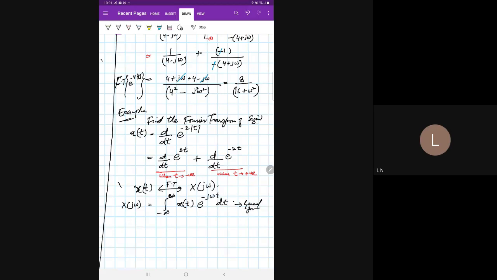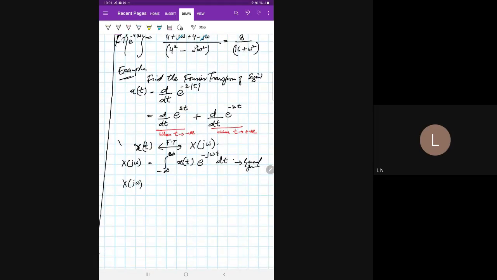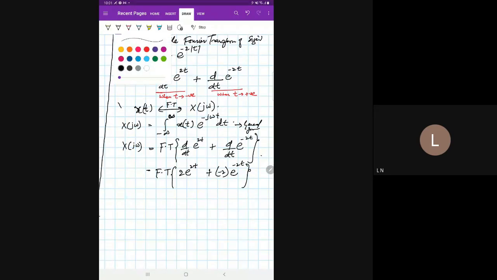So in our question, in our context, x of j omega will be equal to Fourier transform of d by dt of e raised to power 2t, okay, plus d by dt of e raised to power minus 2t, or it will be Fourier transform of twice e raised to power 2t, okay, plus minus 2 e raised to power minus 2t, Fourier transform of these two terms.